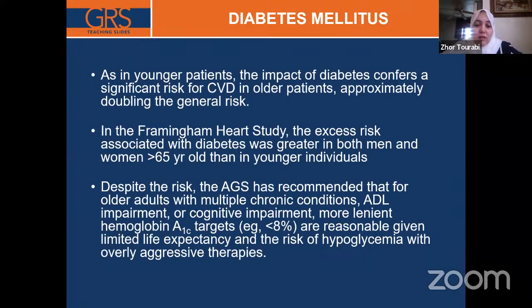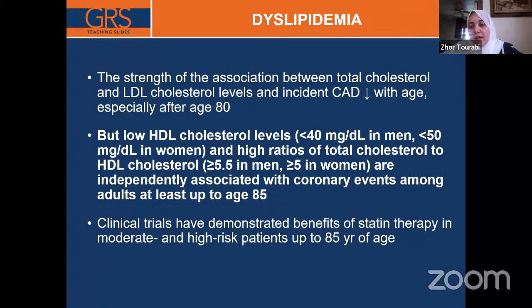Despite the risk, the AGS has recommended that for older adults with multiple chronic conditions, ADL impairment, or cognitive impairment, more lenient hemoglobin A1C targets, for example less than 8%, are reasonable given limited life expectancy and the risk of hypoglycemia with overly aggressive therapies. Next slide.